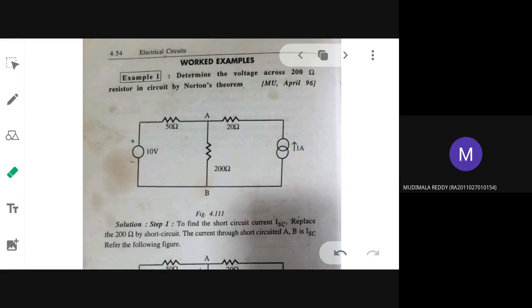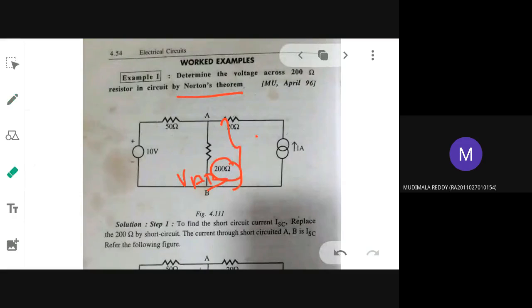Determine the voltage across the 200 ohm resistor in the circuit by Norton's theorem. So we are to find out the voltage across this 200 ohm resistance, VAB, by using Norton's theorem. That is the problem that is given in the paper. Now how to proceed, I will tell you.